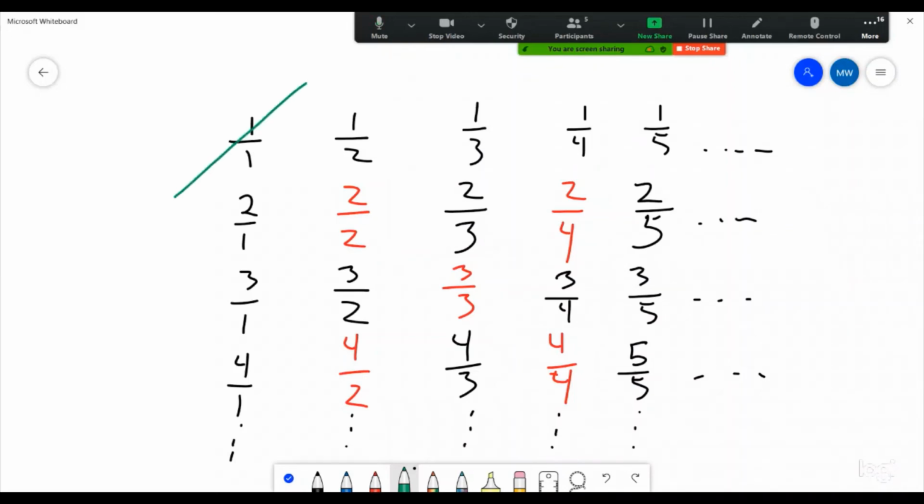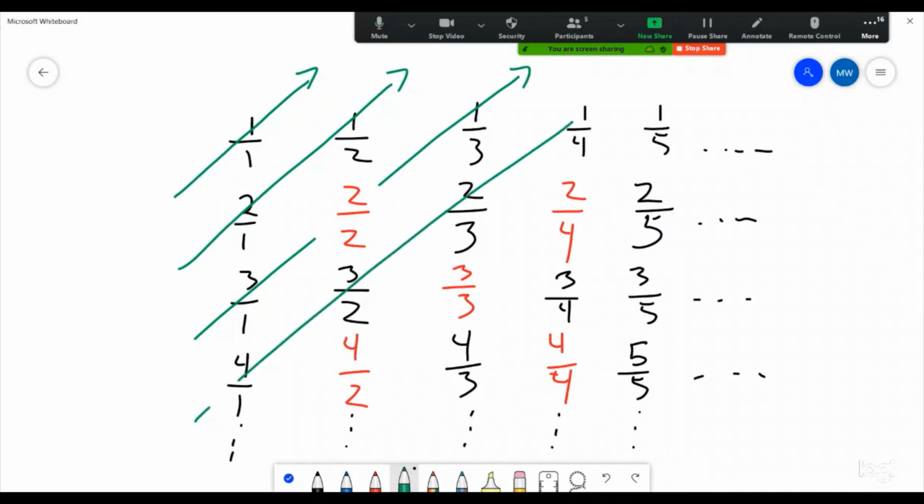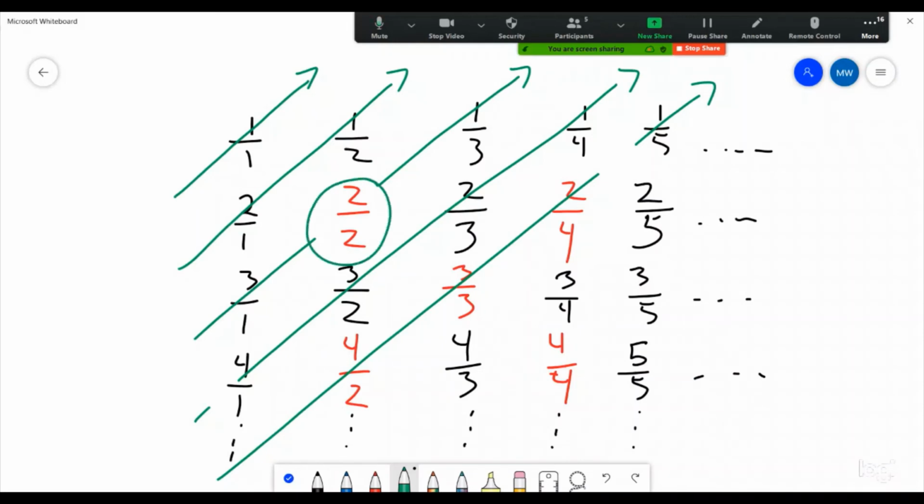So if we are going in this order, using just up arrow notation, as we continue along these paths, some of these numbers are going to be numbers that we've already hit before. For example, 2 over 2 is just a fancy way of writing 1 over 1. So because we've already listed it before, it's not going to be listed again in our function.